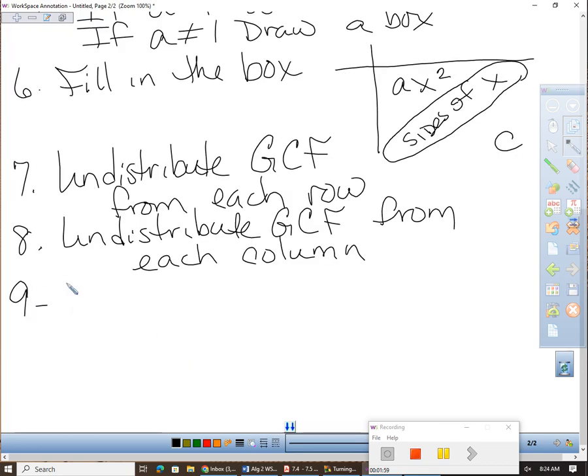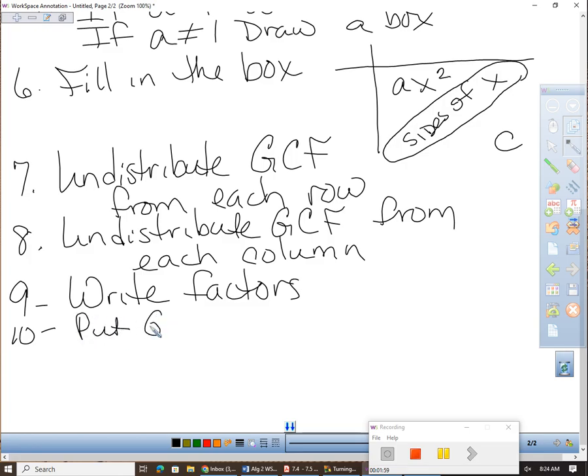Number 9, write factors. And number 10, put the greatest common factor in front.